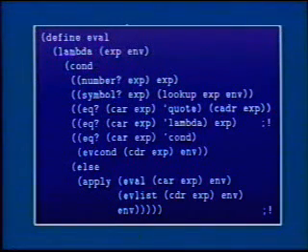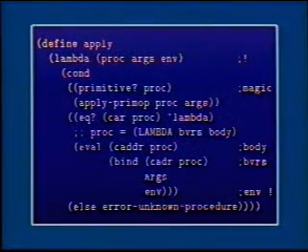So all I have to do is pass that environment to the applicator to apply. And if we look at that here, the only change we have to make is that that fellow takes that environment and uses it for extending that environment when binding the formal parameters of the procedure to the arguments that were passed. Not an environment that was captured in the procedure.